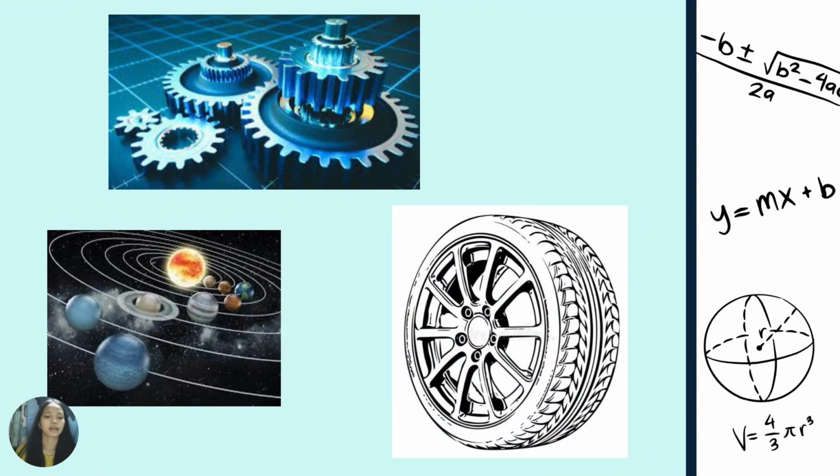Next, everyday objects and systems involve rotational motion, such as a wheel, gear, and rotation of planets. Understanding energy principles in rotational motion is essential for designing and analyzing these systems.